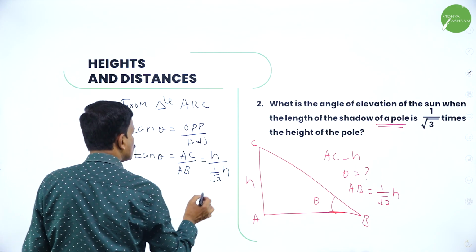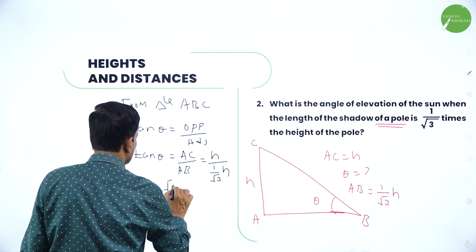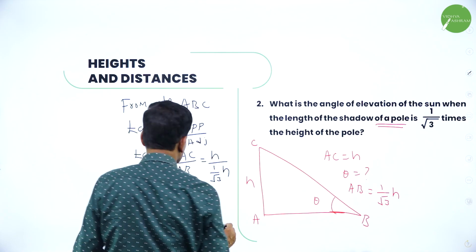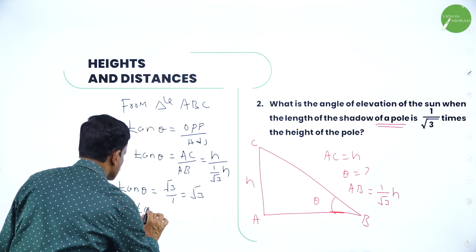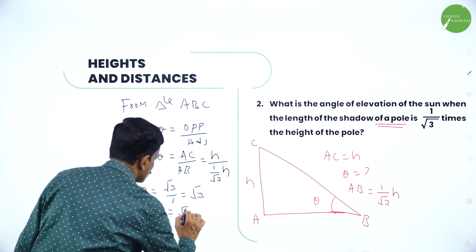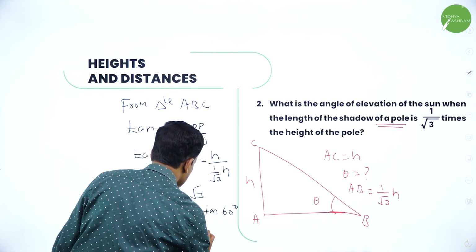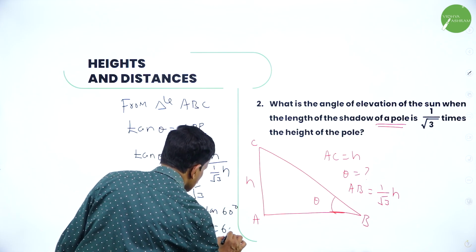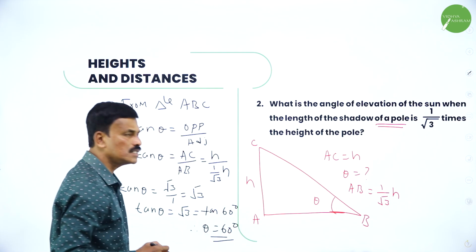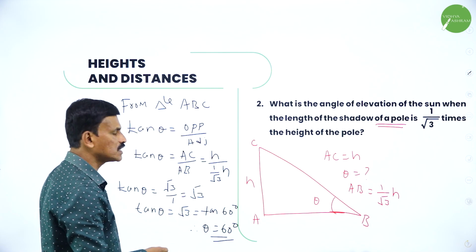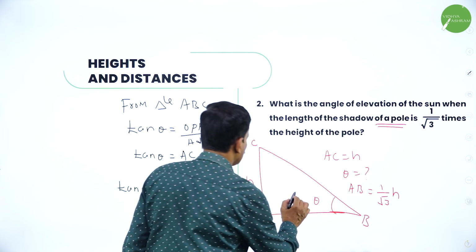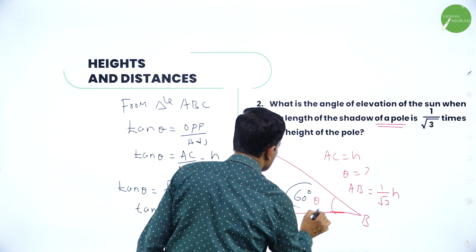Tan theta is equal to root 3 by 1, that is root 3. So tan theta is equal to root 3 means theta is equal to 60 degrees, because tan 60 is root 3. So the value of theta is 60, which means the angle of elevation is 60 degrees.